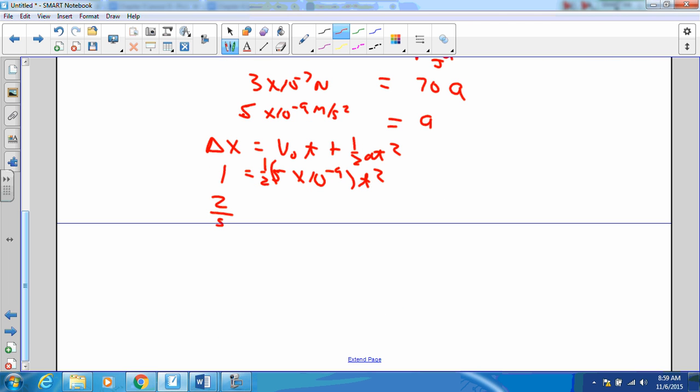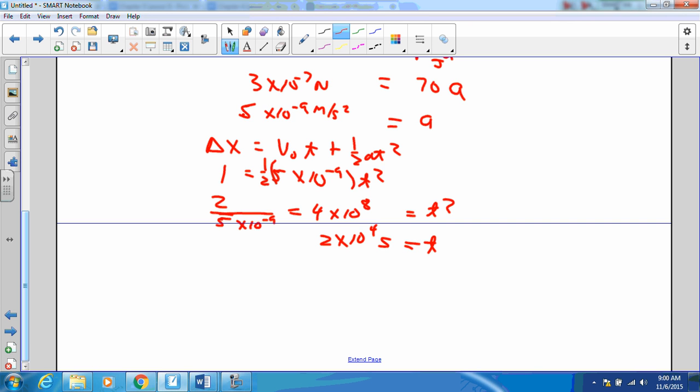Multiply both sides by 2, divide both sides by 5, and divide both sides by 10 to the minus 9th, and you get 0.4 times 10 to the 9th, or 4 times 10 to the 8th, equals t squared. Square root both sides, and get 2 times 10 to the 4th seconds.